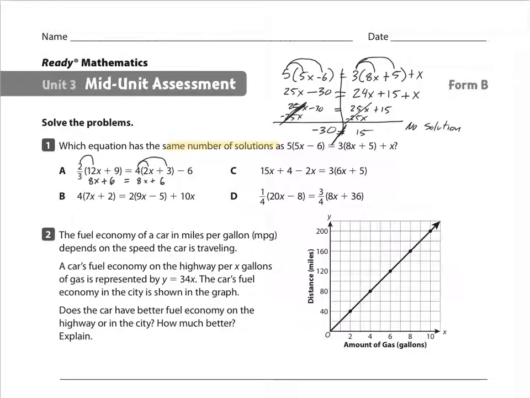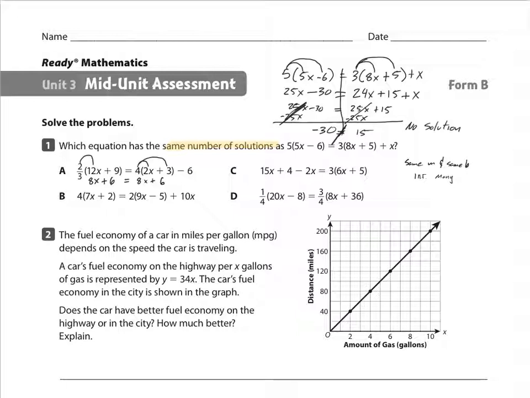Going back to lesson number 14, we said, and let's put a note on the side, same slope and same y-intercept is going to give you infinitely many solutions. Okay, that is infinitely many solutions.